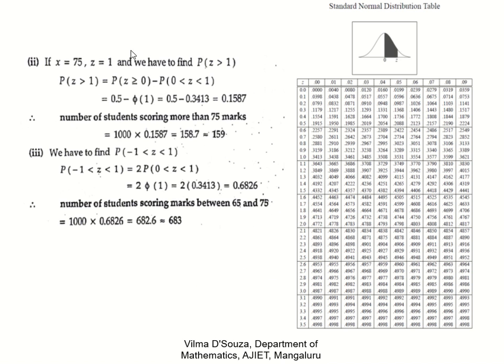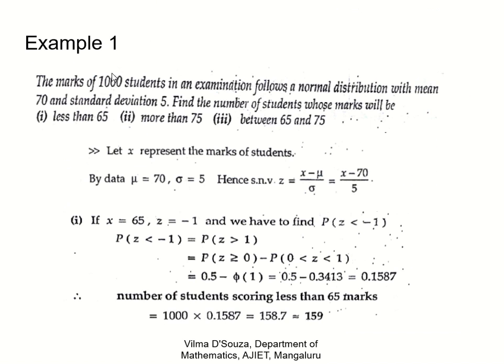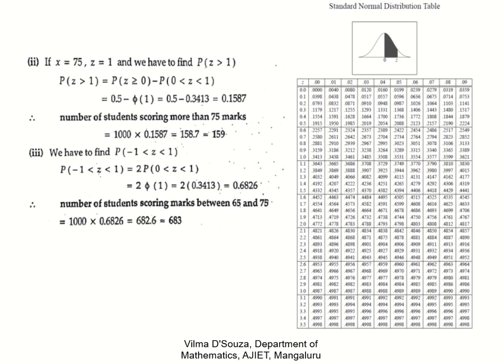What is z? z is equal to (x minus mu) by sigma. X is 75, so 75 minus 70 divided by 5. So 5 by 5, that is 1. So when x is 75, z is 1.